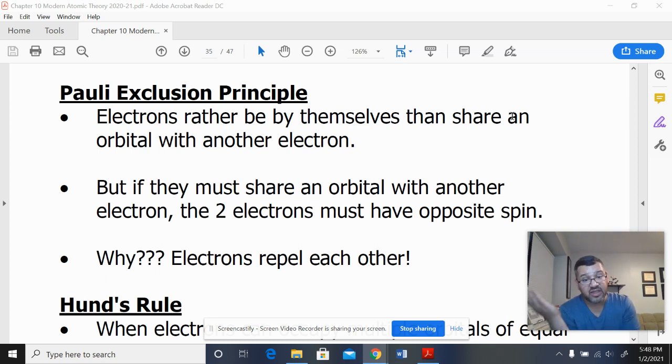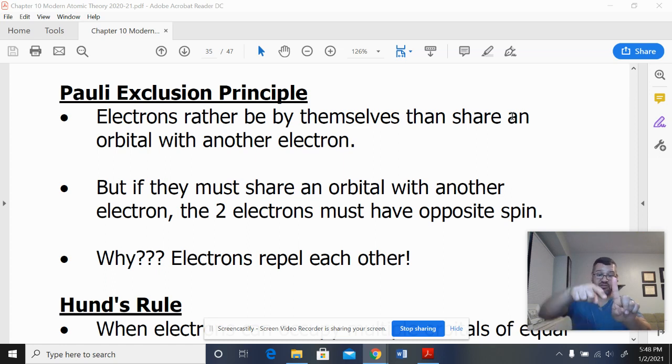But if they don't have a choice, what they end up doing is getting into that same orbital, pairing. But electrons, in the orbital around the nucleus, not only go around, like the Earth going around the sun, but they also spin. Well, when you have an electron spinning, it creates a magnetic field. And if you put two magnets together at the same poles, they resist.